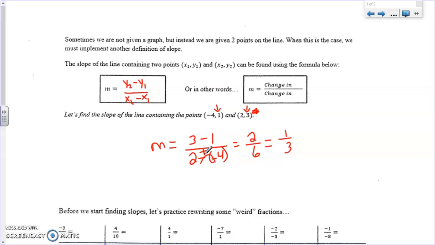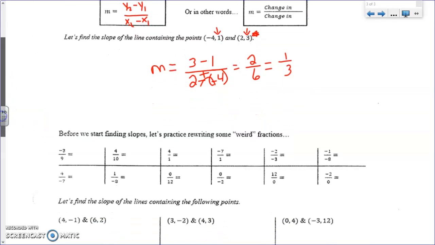You can't. You have to do it the way I did it. So I can't take 3 minus 1 and 2 minus negative 4 and then get 2, comma 6? No, you may not. It's rise over run. I did rise over run, just not on the paper. No, you have to show your work.